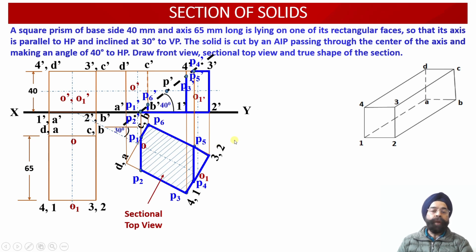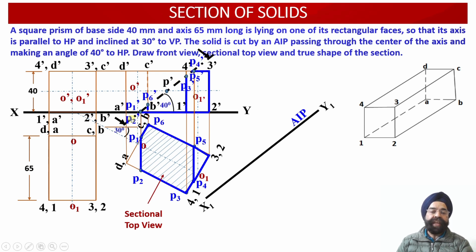Now, having obtained the front view projections and the top view projections of different points of intersection of the cutting plane with the existing solid, we have to obtain the true shape of this sectioned solid. How can we obtain this true shape? We have to draw an auxiliary inclined plane X1Y1 parallel to this cut section, or parallel to this cutting plane.